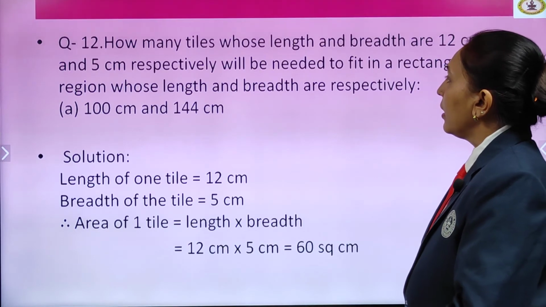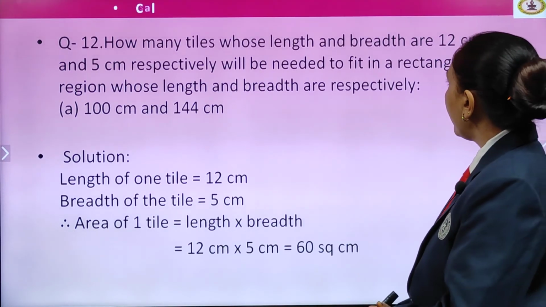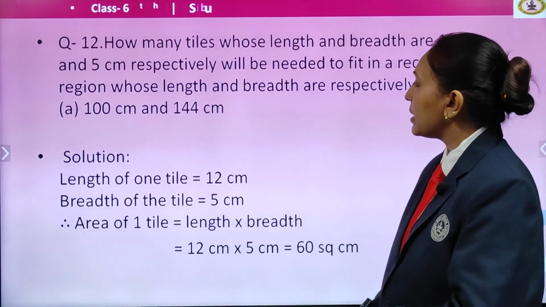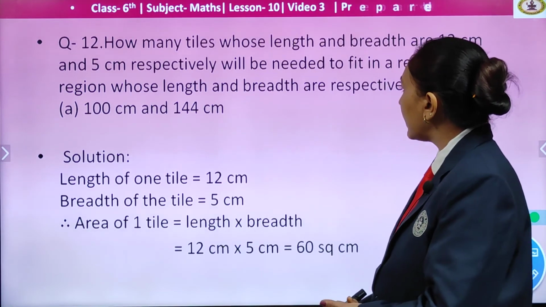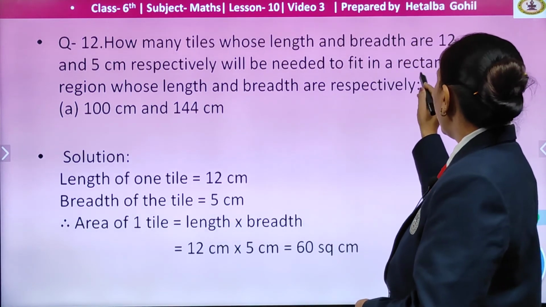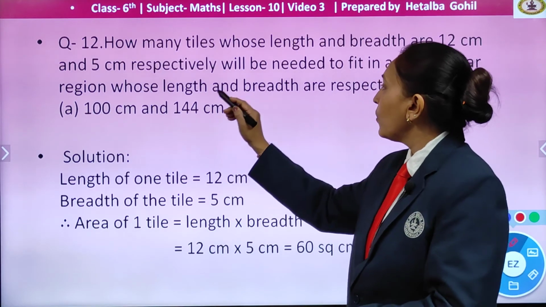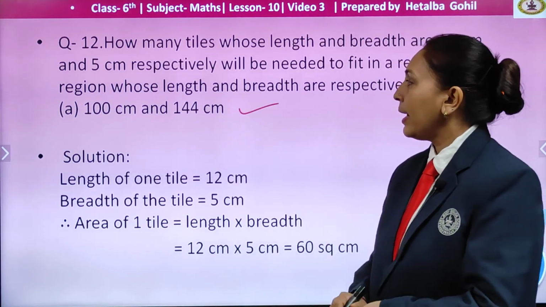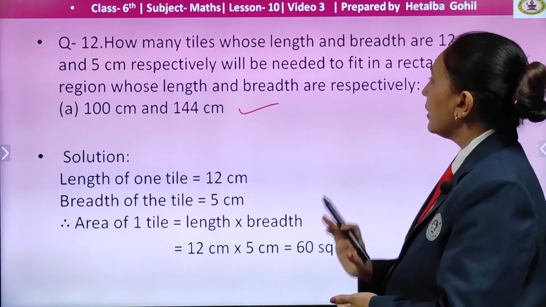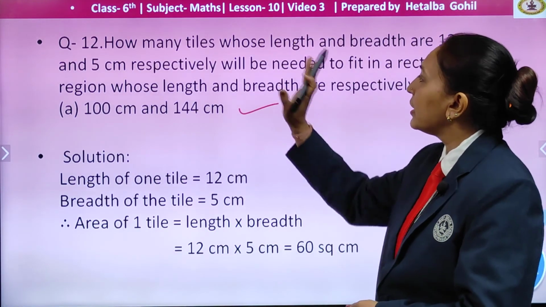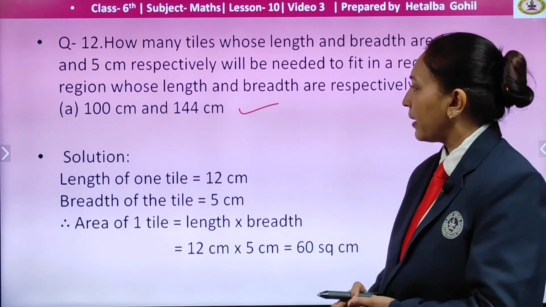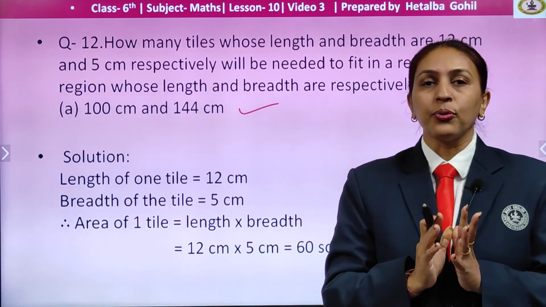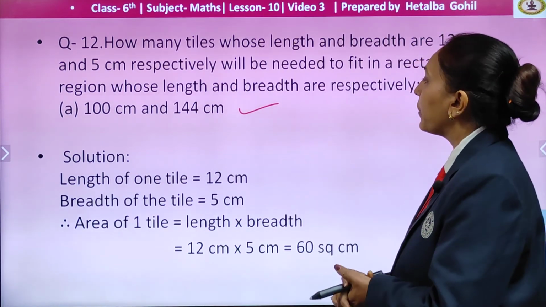Next question. How many tiles whose length and breadth are 12 centimeter and 5 centimeter respectively will be needed to fit in a rectangular region whose length and breadth are given? So here the length and breadth of that particular region is given, wherein you have to fit tiles of this measurement. So we have to find how many tiles we need.